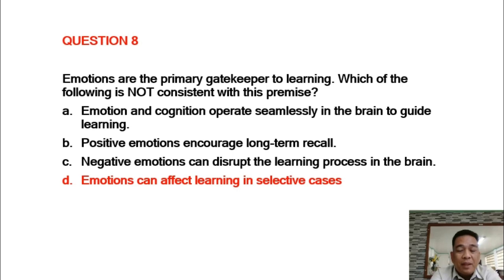In the classroom, kailangan panatag ang loob ng bata. Kailangan ganado yung bata. Kailangan ay peaceful yung isip ng bata para masabi mo na may cognition or para magkaroon ng masasabi mong effectiveness na instruction na iyong ibinibigay.